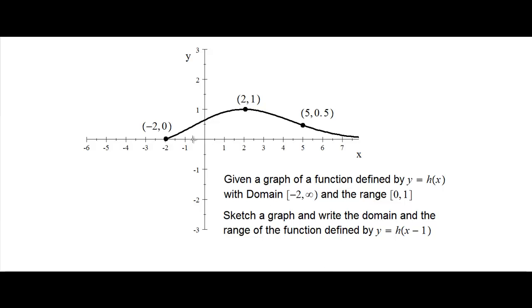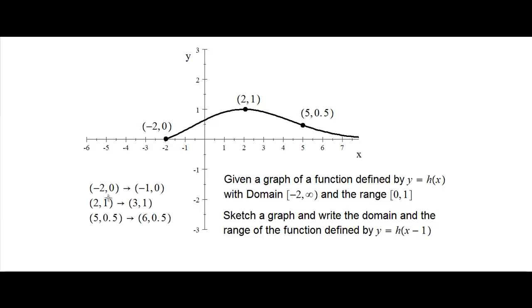So now using this graph, given by the equation y equals h(x), we would like to graph the function defined by y equals h(x minus 1). So in this case, what are we going to expect? We are going to expect a horizontal shift to the right by 1 unit.